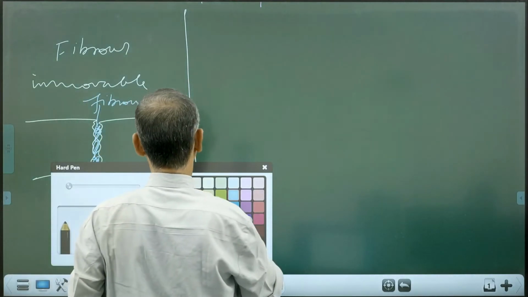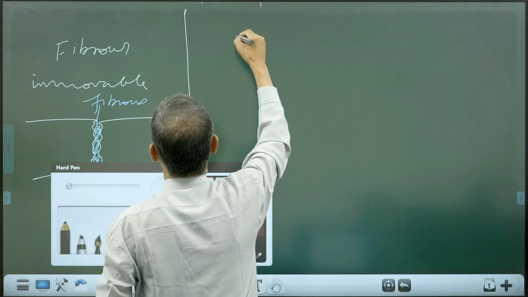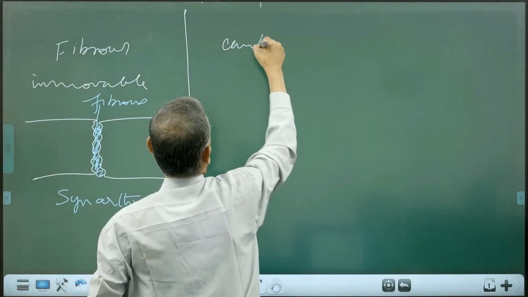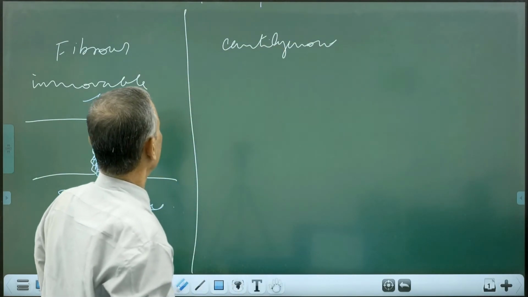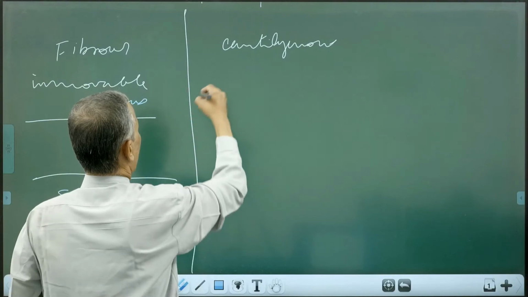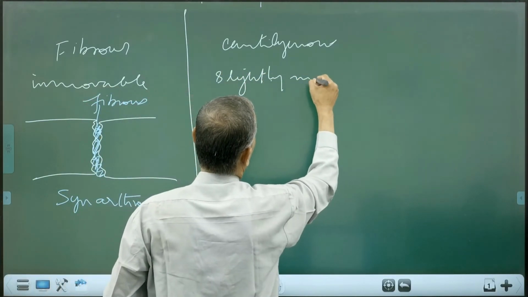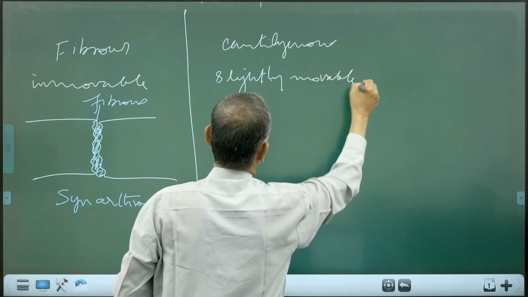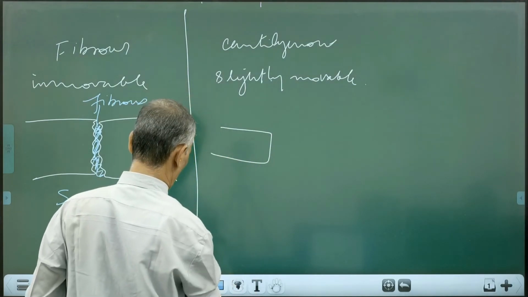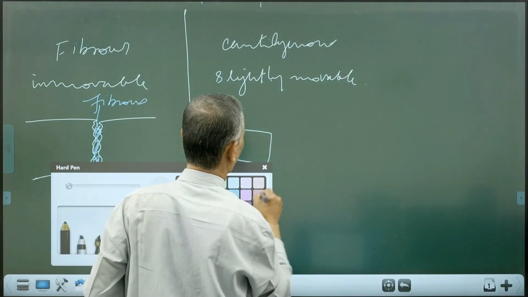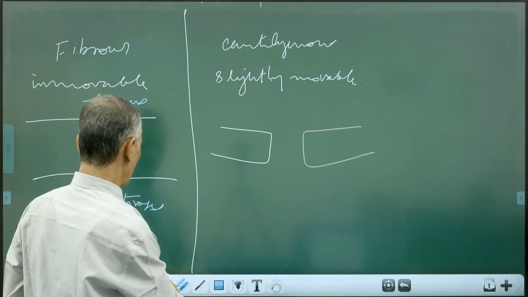The second one is slightly movable cartilaginous joints. These cartilaginous joints allow a slight degree of movement, so they are also called slightly movable. Here, one bone is connected to another bone with the help of a cartilage.